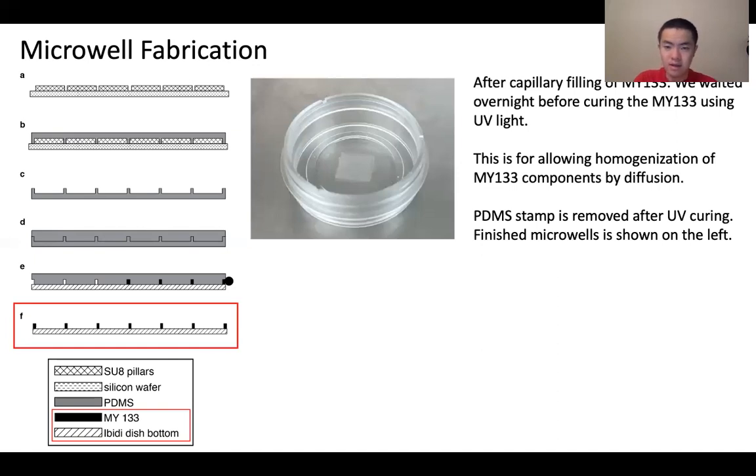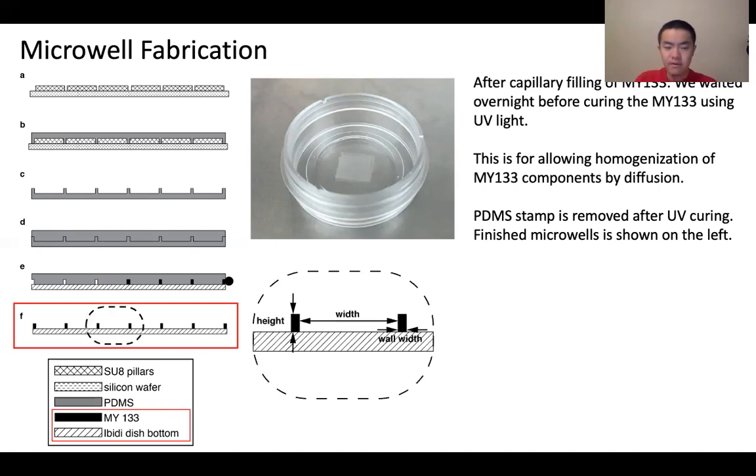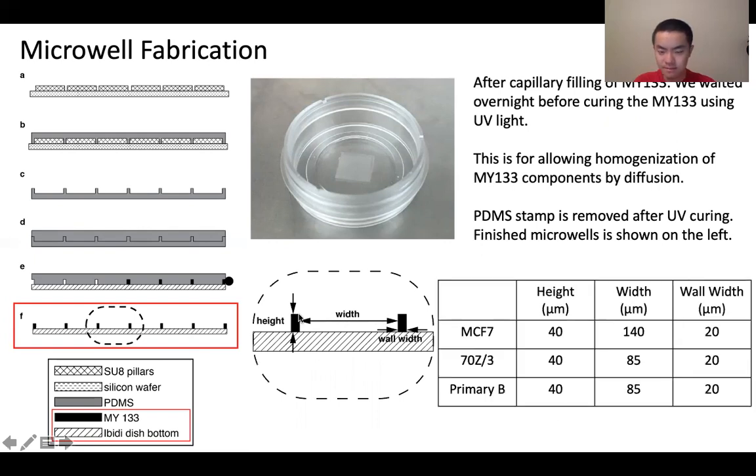The next day, we cured our setup with UV light, and the PDMS stamp is removed. This left us with the final device of microwells. The image below shows our design factor of the size of microwells.